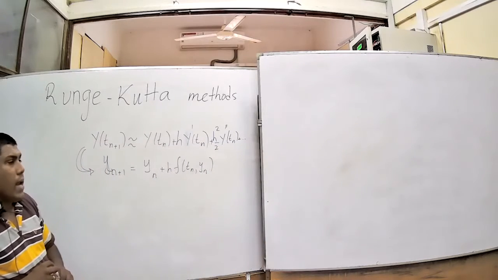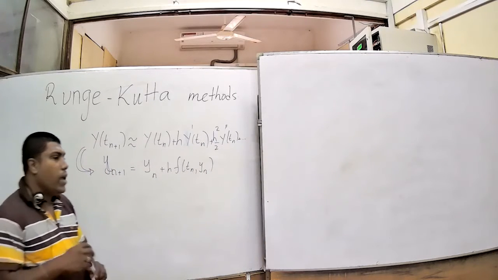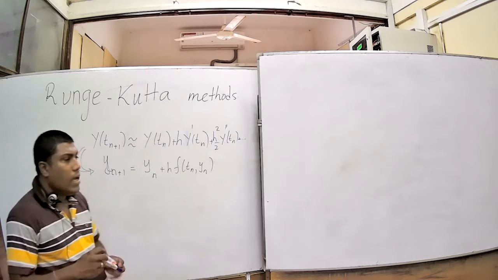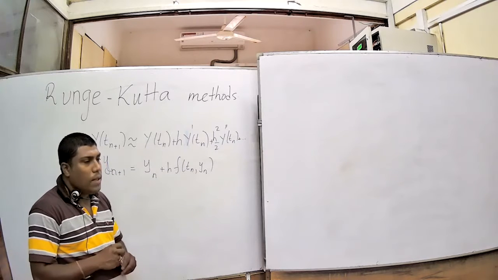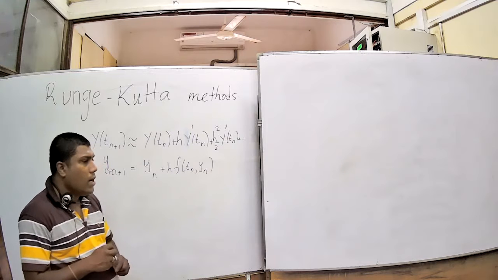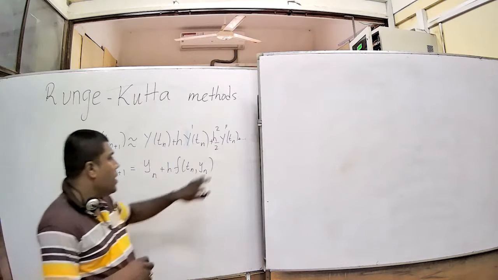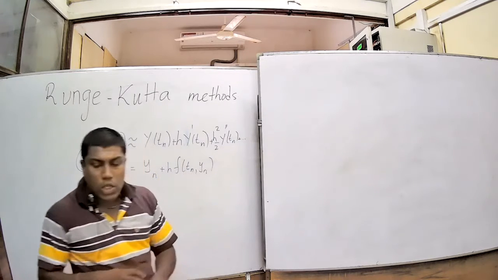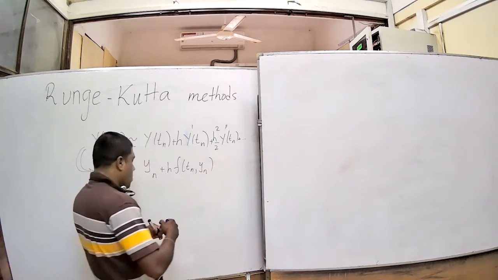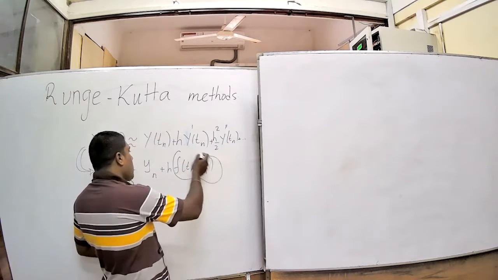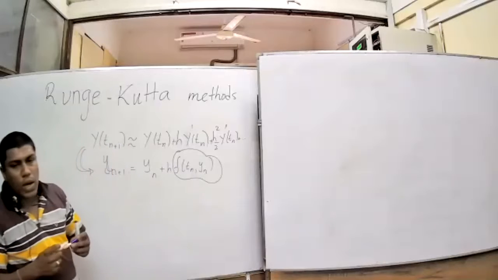So how can we fix this problem? What we do in the Runge-Kutta method is basically try to fix this issue by using a function like this, right? Because this is a function which is known to us.